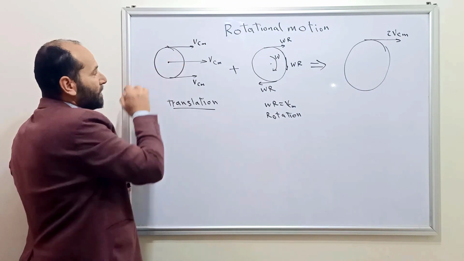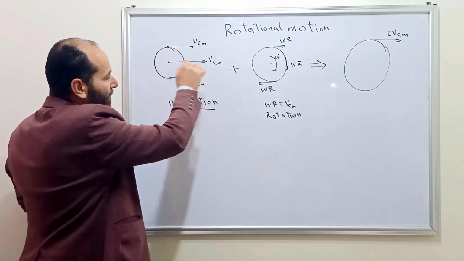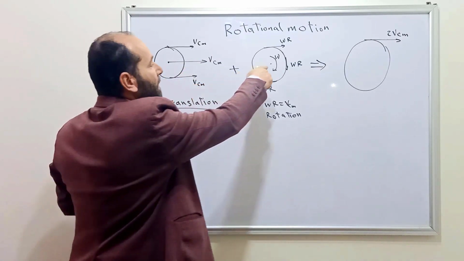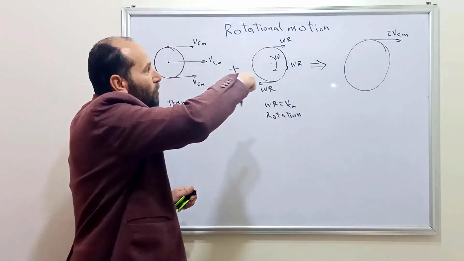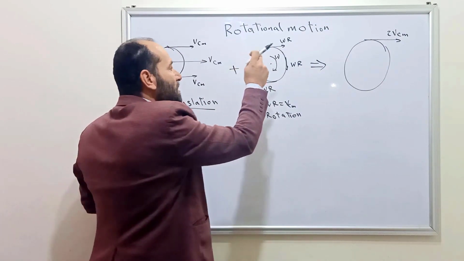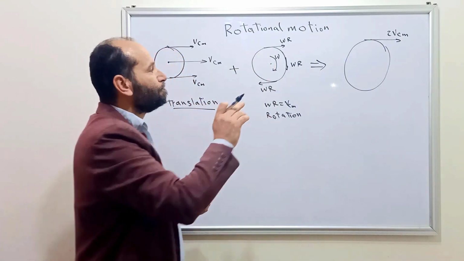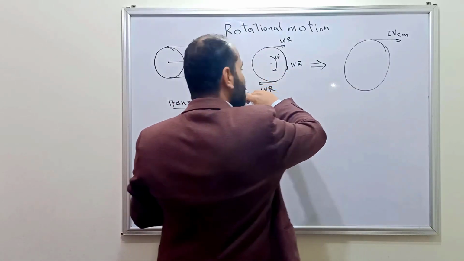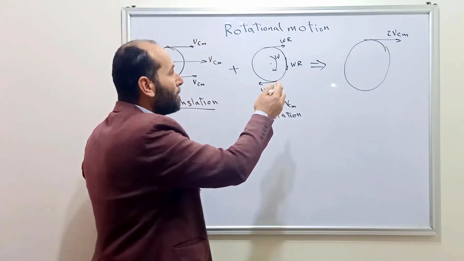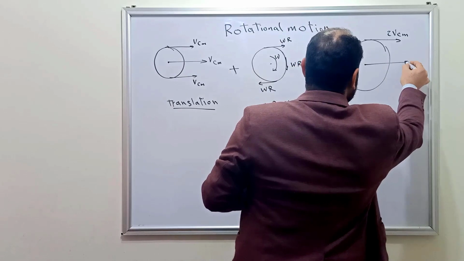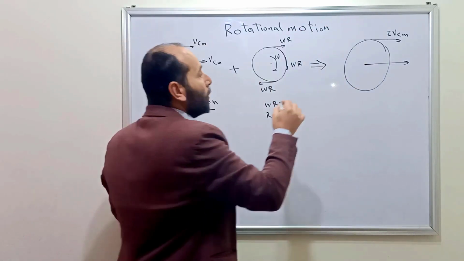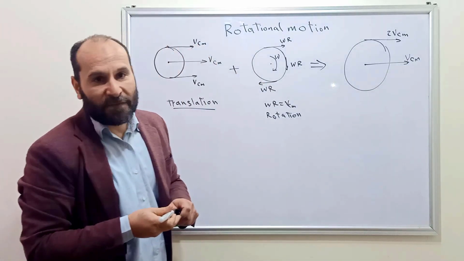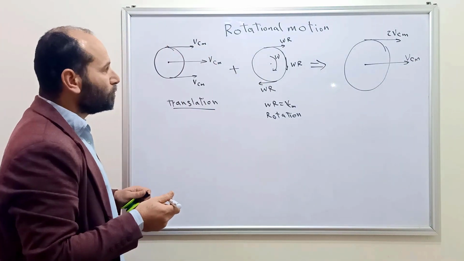This point moves in translation motion with velocity VCM, but here it does not translate because it rotates about its axis. So this point does not translate from one place to another place. The center of mass translates only with the velocity VCM.